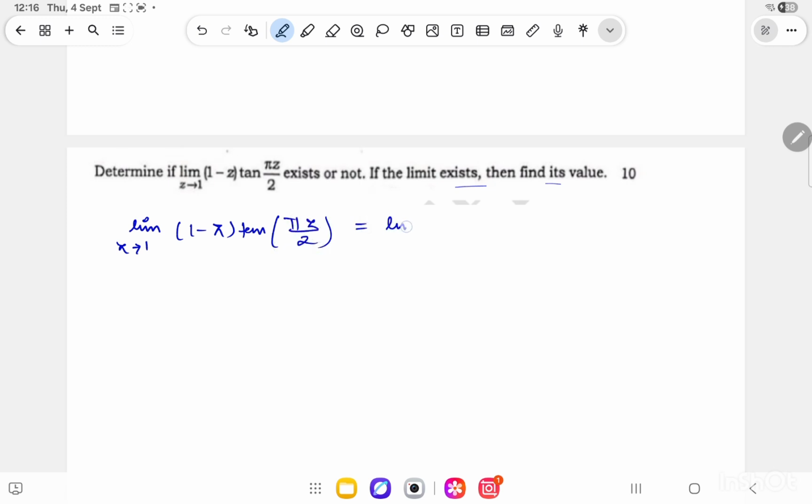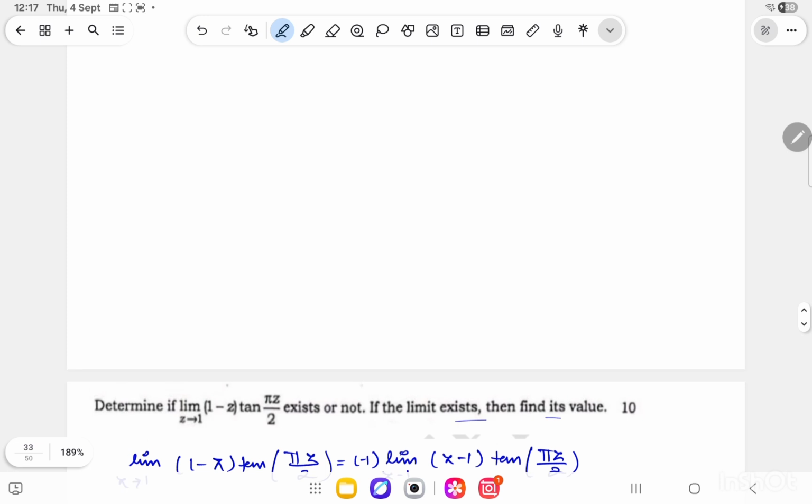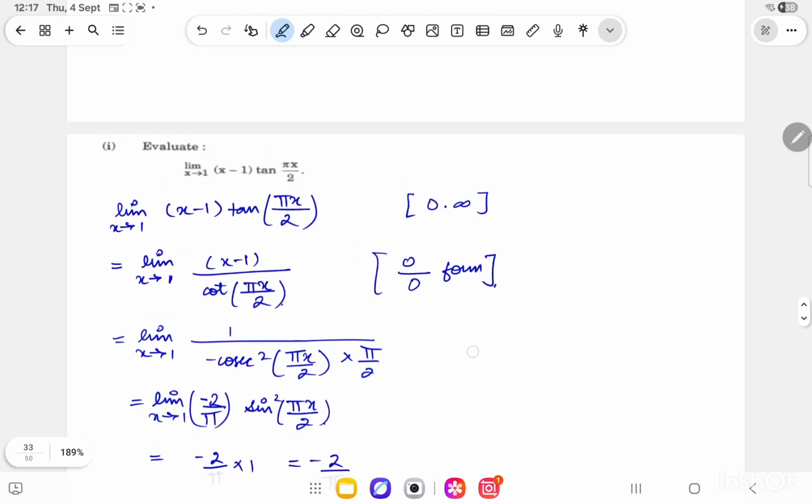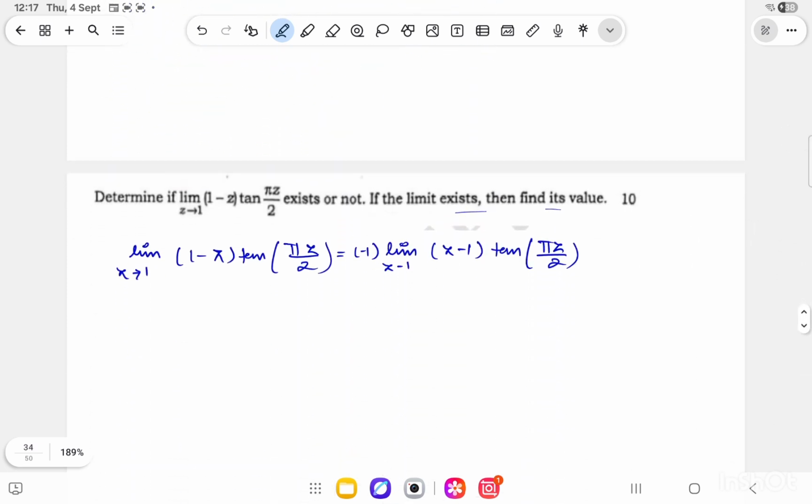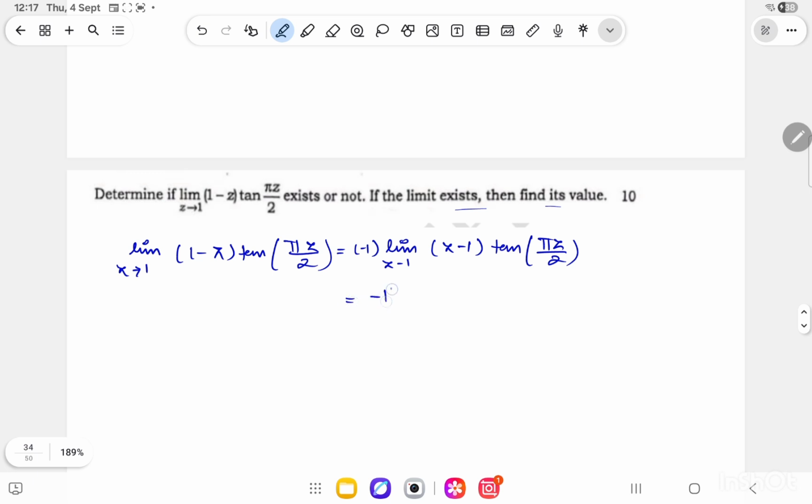I can take minus 1 outside, so it will be minus 1 into (x minus 1) tan(pi x by 2), and this limit we have found out in the previous question as minus 2 by pi. So it is minus 1 into minus 2 by pi, which is equal to 2 by pi.